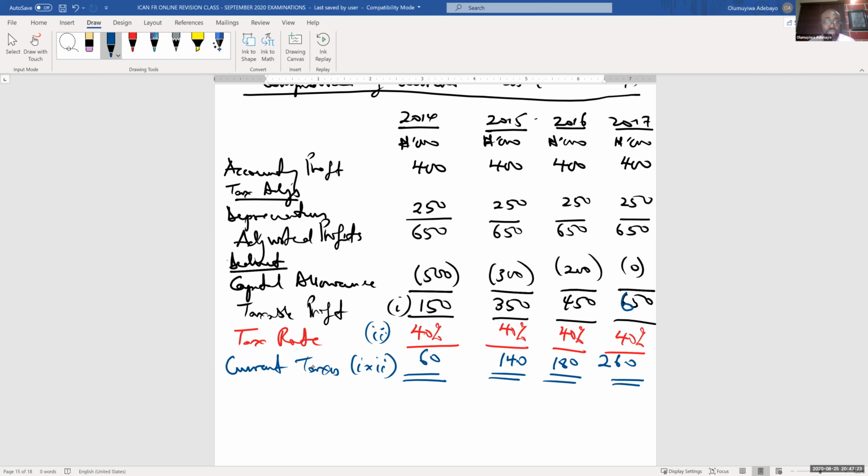Upon that, we obtain our adjusted profits. Thereafter, depreciation is disallowed because it is replaced by the deduction of capital allowance, and that's how we obtain our taxable profits. Your tax rate ruling as at that date multiplied by your taxable profit for that year will give you your current taxes. I believe this is so clear.